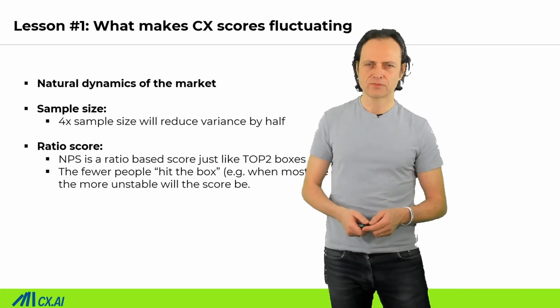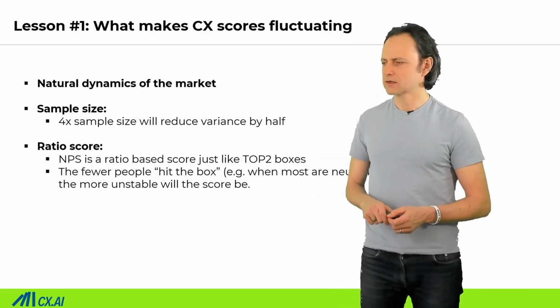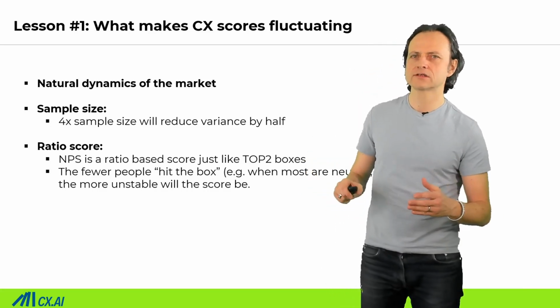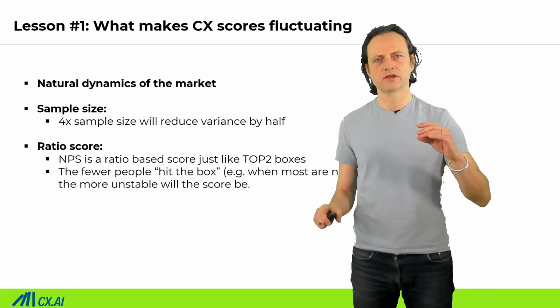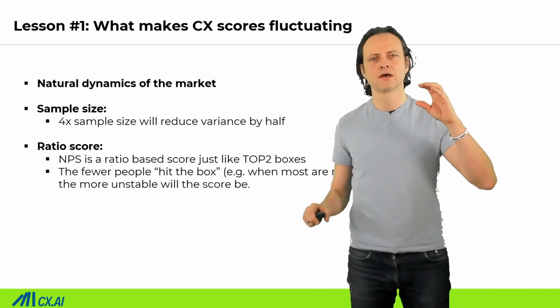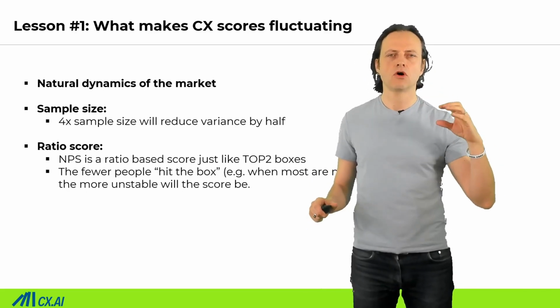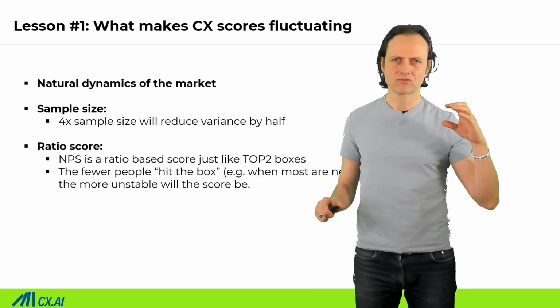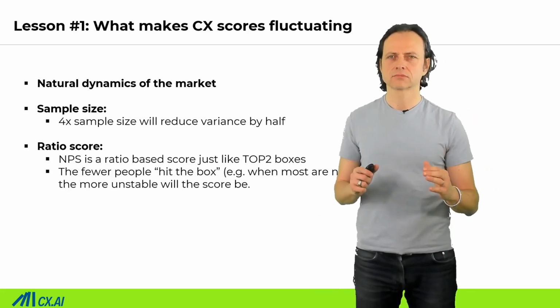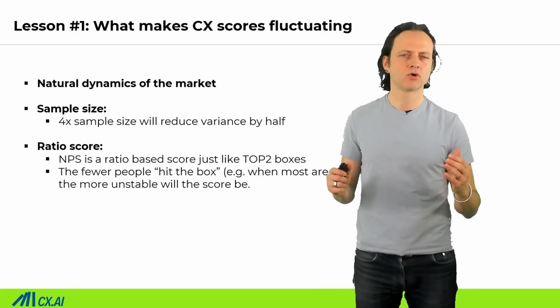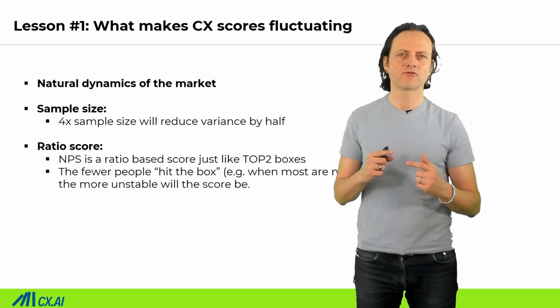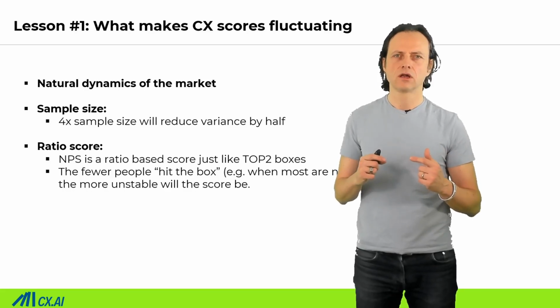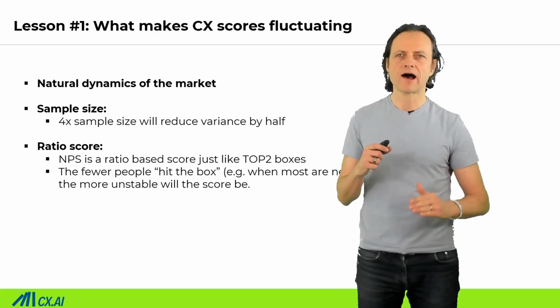Especially the NPS is not a mean, it is a ratio score. It takes the ratio of promoters and subtracts the ratio of detractors. And ratios, the same way as top 2 boxes, are very fragile towards low sample sizes, so they have a higher variance.